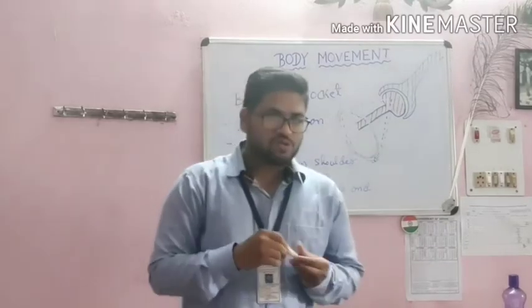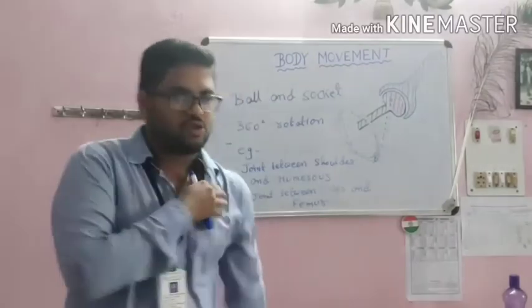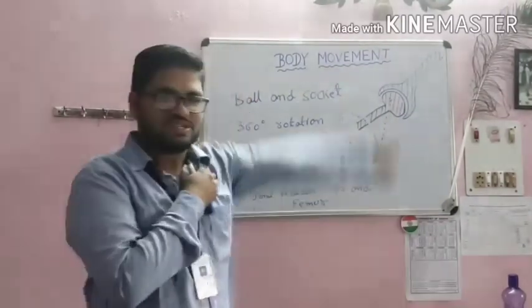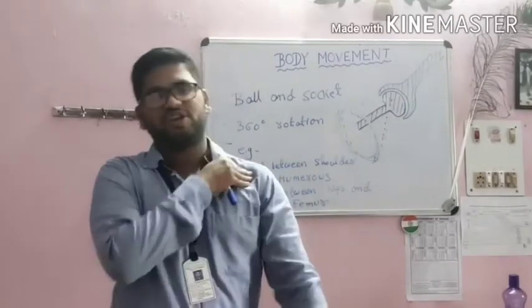So by this type of joint, the hand can move in 360-degree rotation like this. My hand is moving in 360 rotation. This is due to the presence of a ball and socket joint here.